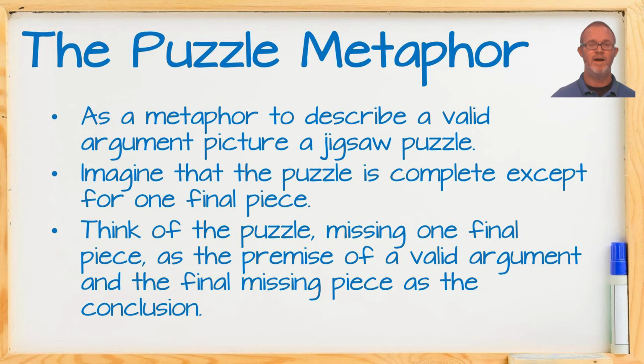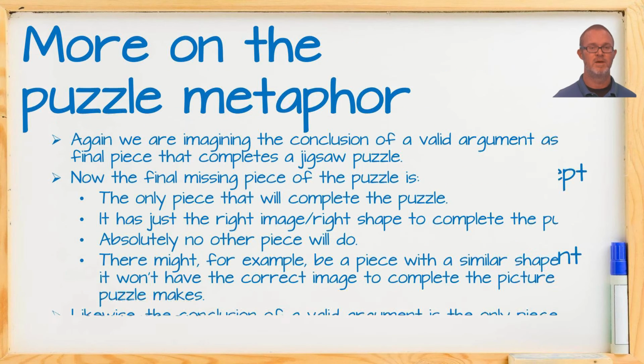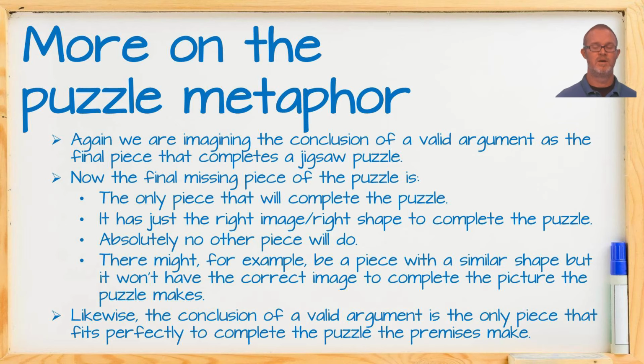Now, analogously, the premises of the valid argument are likened to the puzzle missing that one final piece to complete it, and the conclusion of the argument is that one final missing piece, okay?